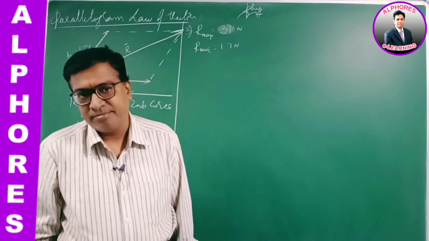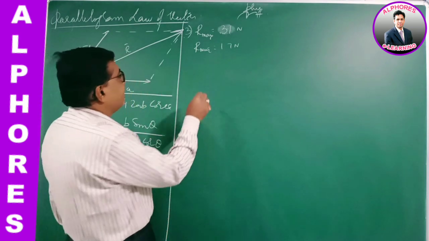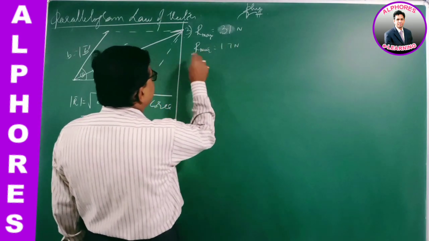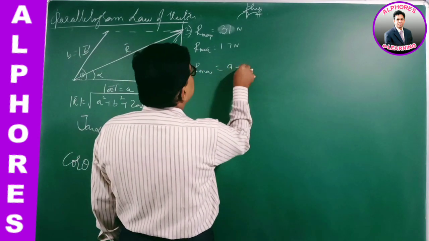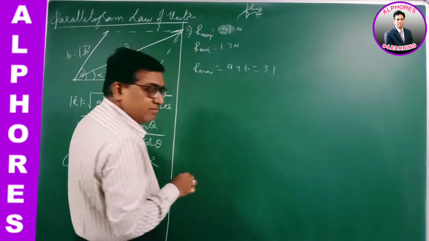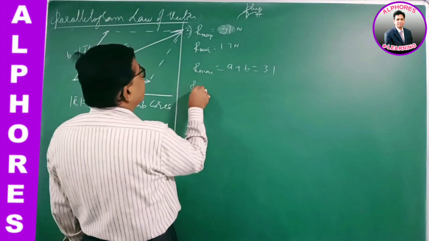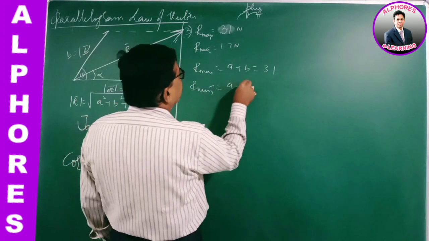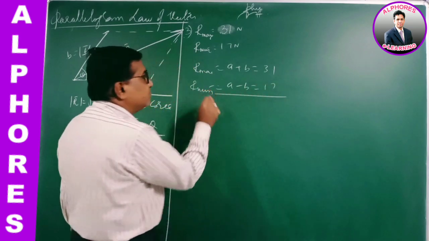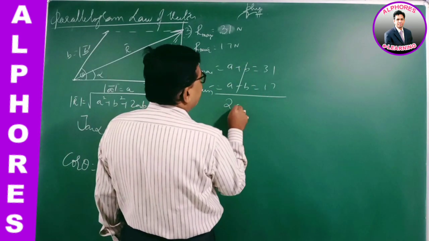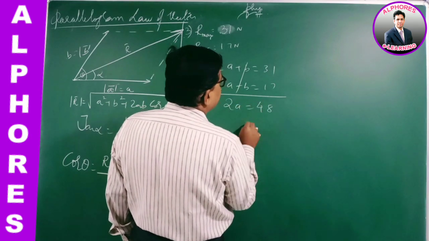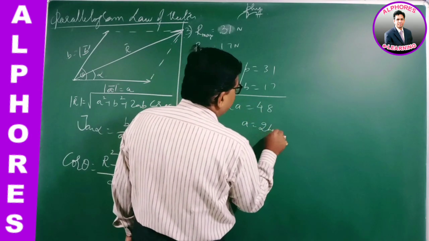The maximum resultant R max we know is A plus B, so A plus B is 31. And the minimum resultant R minimum we know is A minus B, it is 17. Then add both. When I add both, I get 2A as 48. A is 24 Newton.